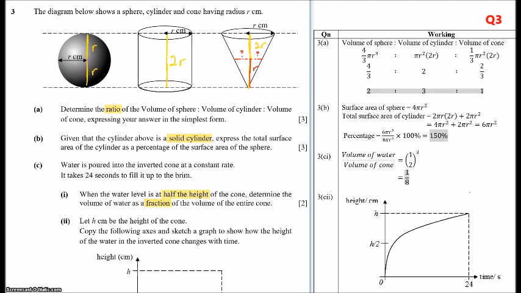And that's the length, right? So you need to change from the length to the volume. You need to cube both numbers. So 1 cube is still 1, but 2 cube is 8. That's why the fraction is 1 over 8. This is the only way to do it, because we do not know the value of this r at this level of the water. Okay, so that's the way we do it.